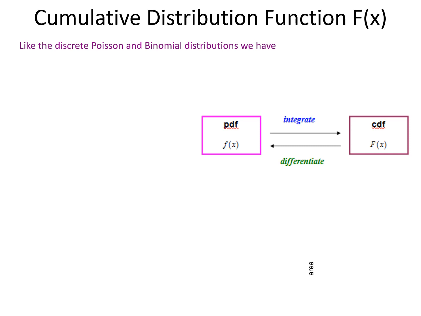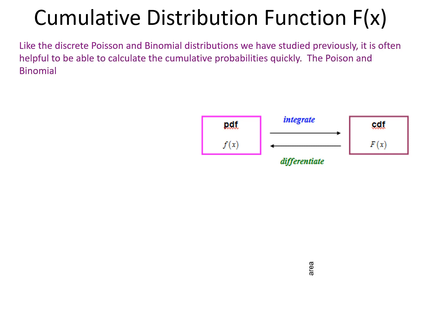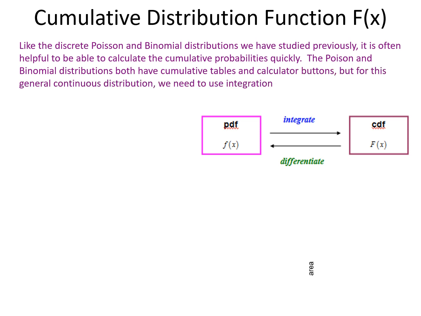The cumulative distribution function. Like the discrete Poisson and binomial distributions we have studied previously, it is often helpful to be able to calculate the cumulative probabilities quickly. That's the less than or equal to ones. The Poisson and binomial both have cumulative tables and calculator buttons, as you well know, PCD and BCD.